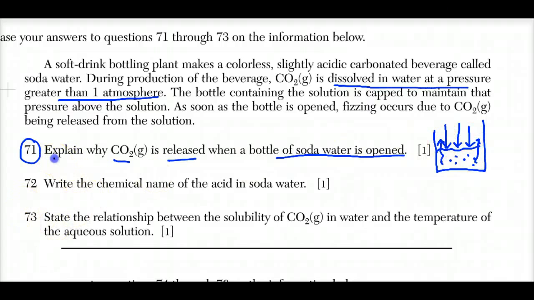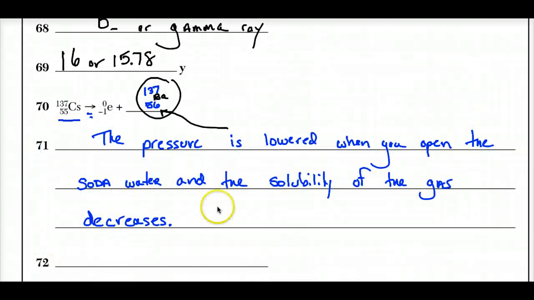So that's the explanation you have to say. The pressure is lowered, which lowers the solubility. So I wrote the pressure is lowered when you open the soda water and the solubility of gas decreases. They were just after, do you know that gases are less soluble under lower pressures? Something you should already have learned. And that's what that question was about, cloaked with its blurb and its weird presentation.